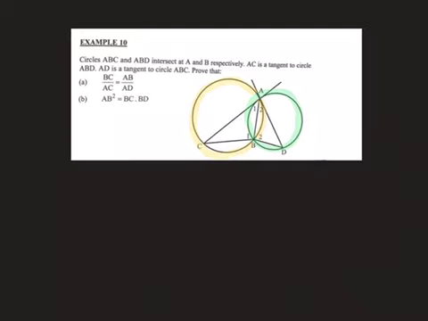Then AC is a tangent to ABD, so we're going to keep that green going. And then AD is a tangent to the yellow one. Prove that BC over AC is equal to AB over AD. So we've got to find two triangles that have those letters in.